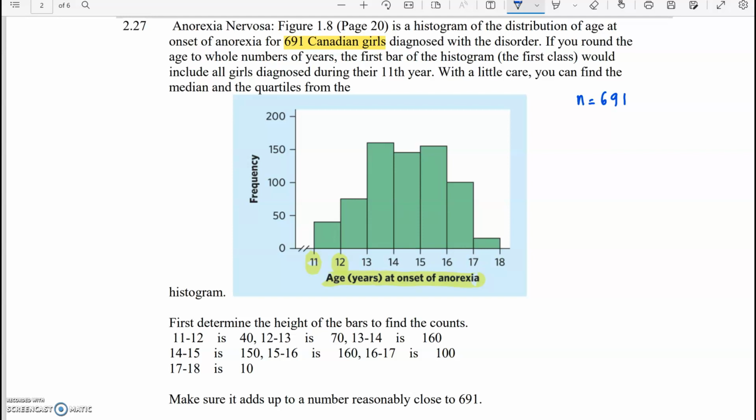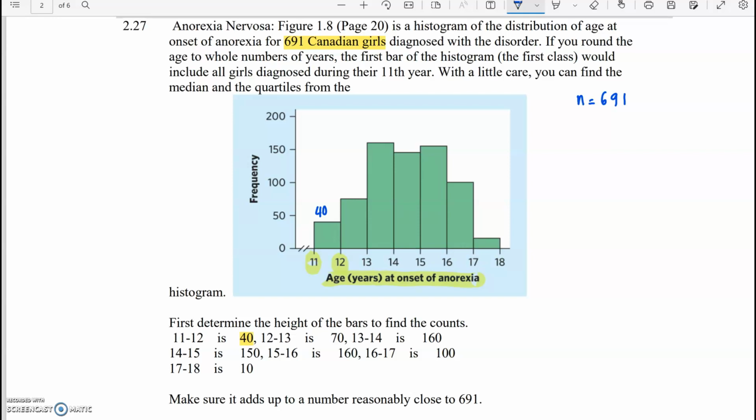For example, the first bar is roughly height 40, which means that there were 40 girls of age 11 at the onset of anorexia.